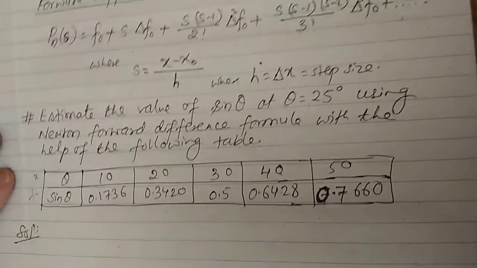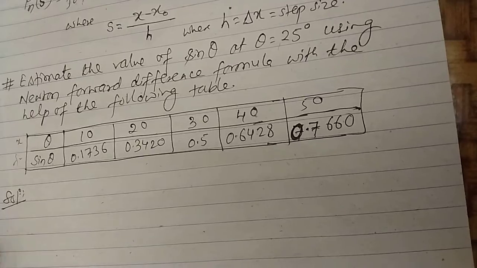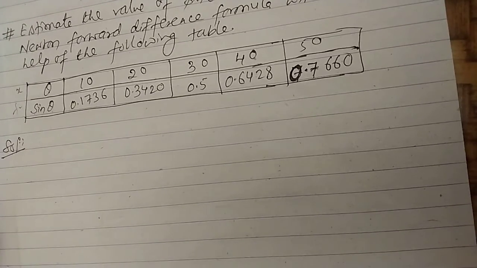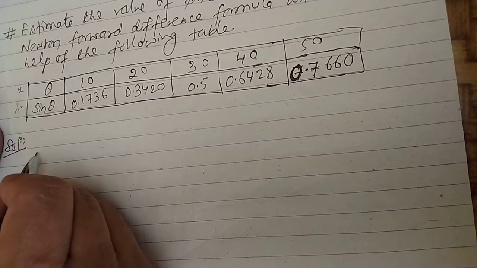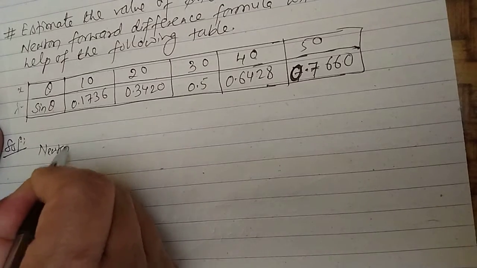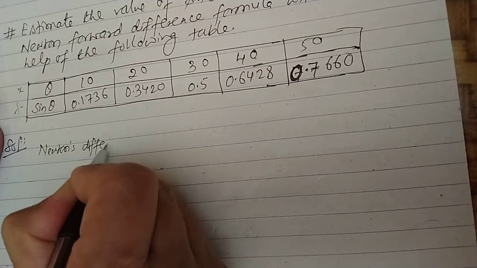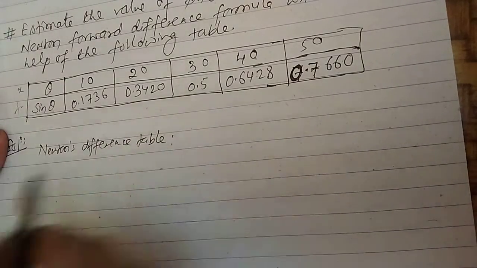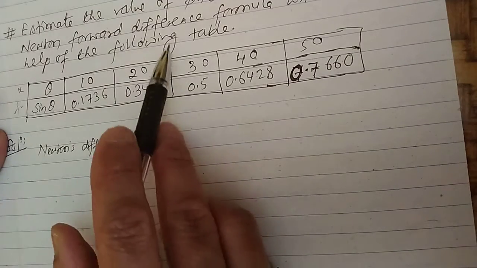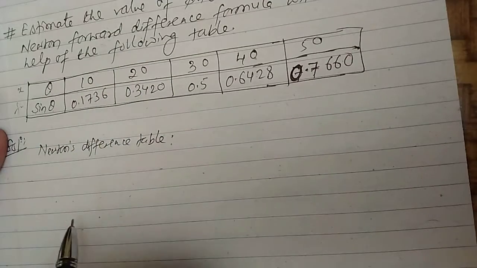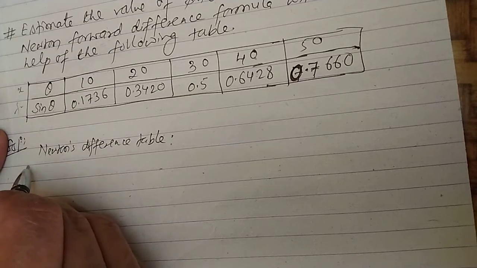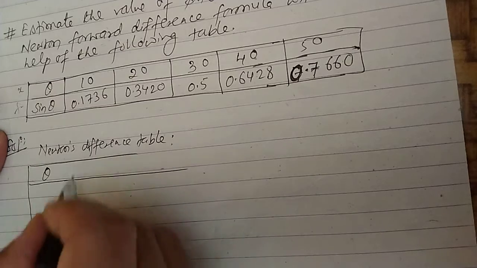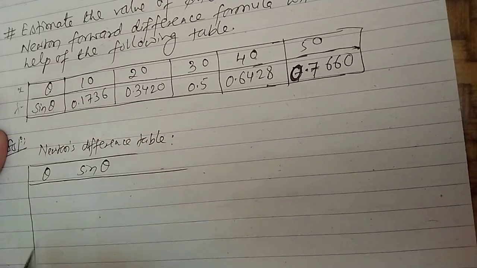So let us make a difference table here, not the divided difference. So Newton's difference table. The difference table will be the same for forward and backward. Let's make a table: theta and fx, which in this case is sine theta.